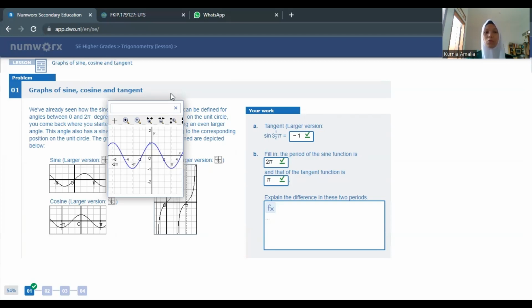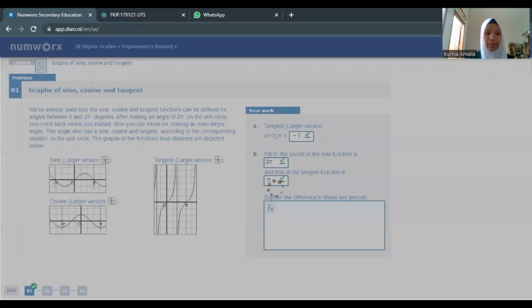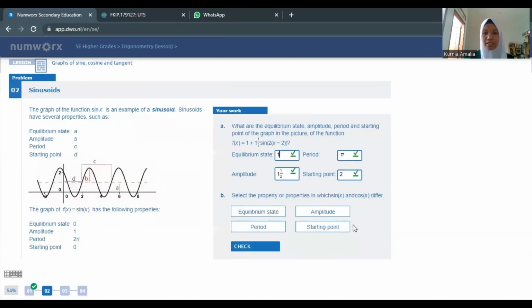So the difference between sine and cosine is the starting point. We click the answer: starting point. Okay, let's move on. The equilibrium state is equal. It depends on the variable in the function, the amplitude too, and the period of sine and cosine is equal too. Okay.